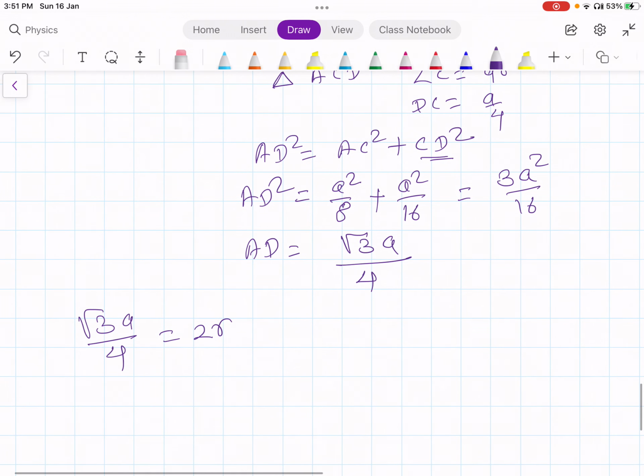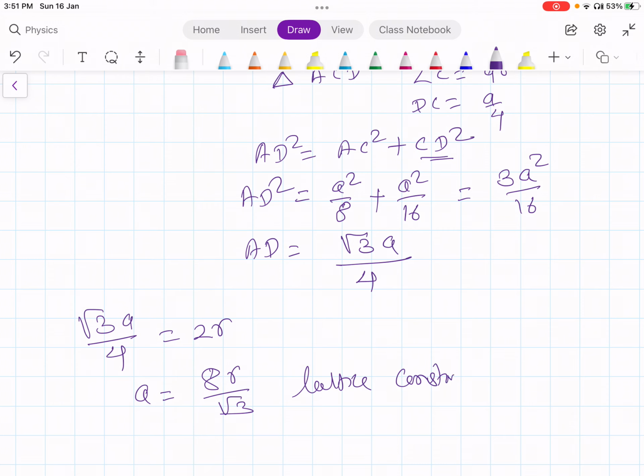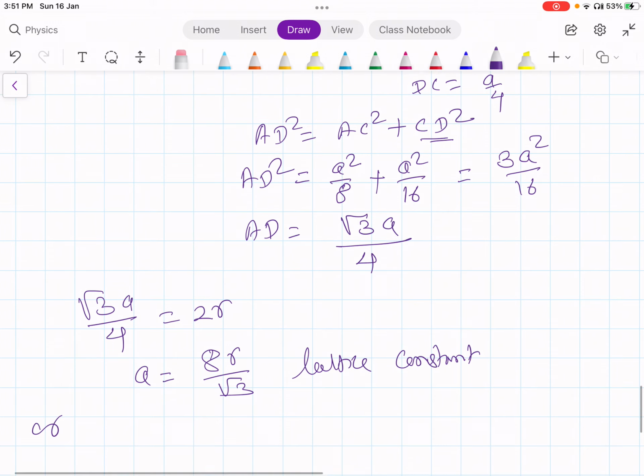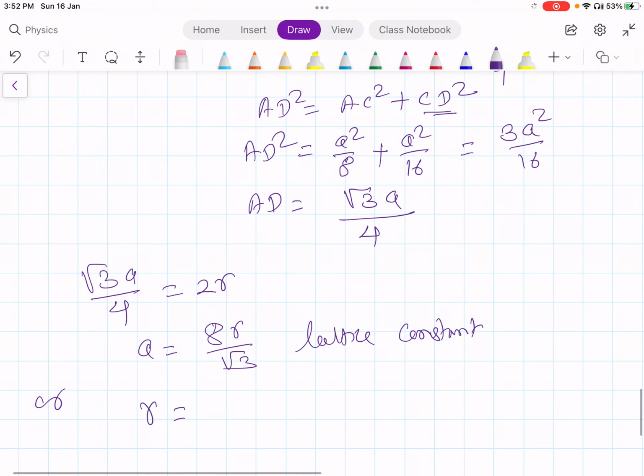Root 3 a by 4 is 2R, or you can write a is equal to 8R by root 3, that is the lattice constant, or R is equal to root 3 a by 8, which is the atomic radius.